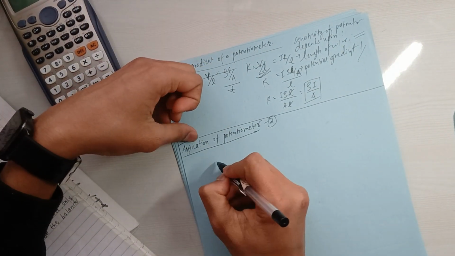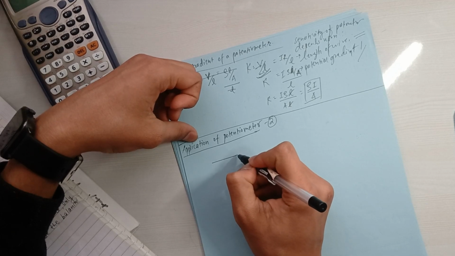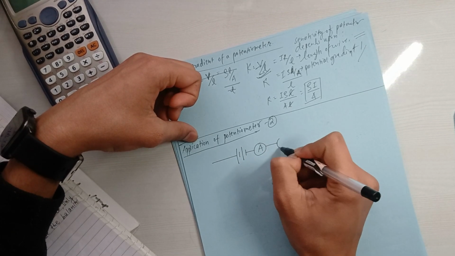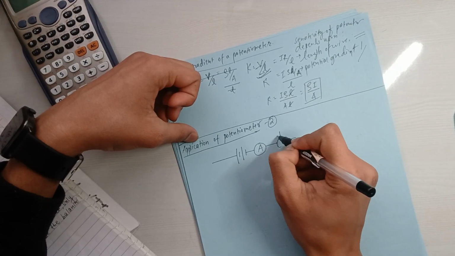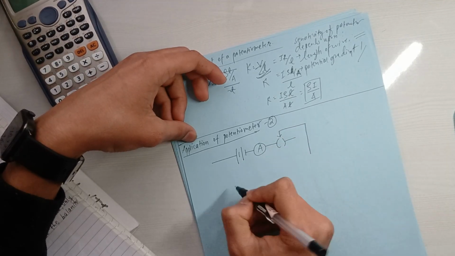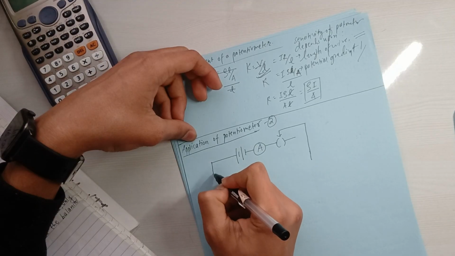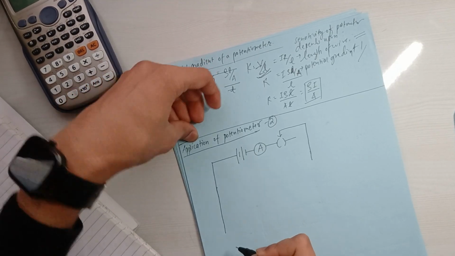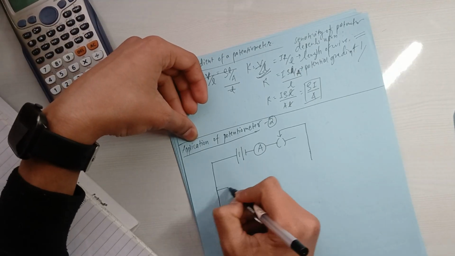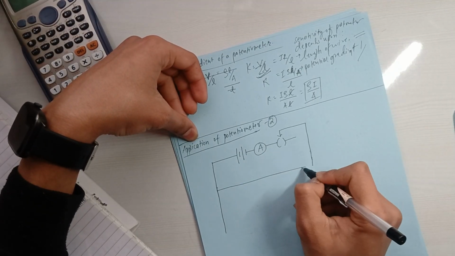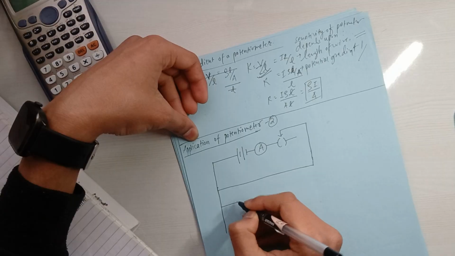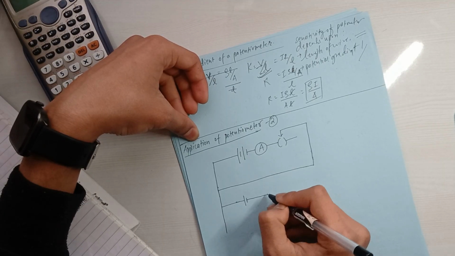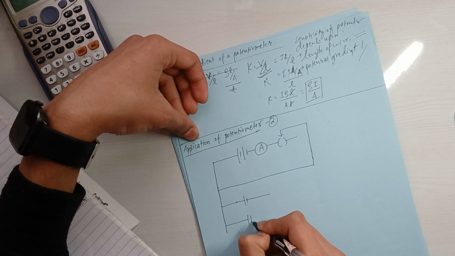A potentiometer looks like this, and you have two cells here. You put one cell right here and another cell right here.